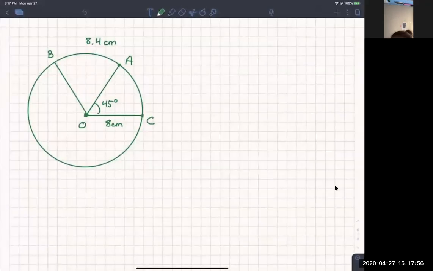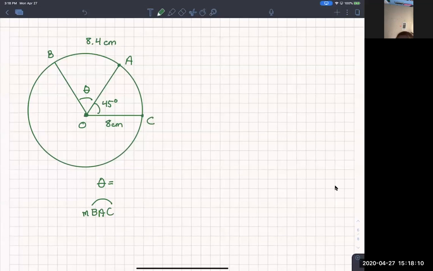It's a two-parter. Then it wants me to give it the length of arc BAC after that. So let's do theta, and we want to know the measurement of angle theta and BAC.